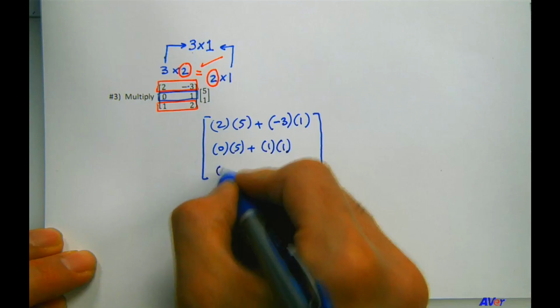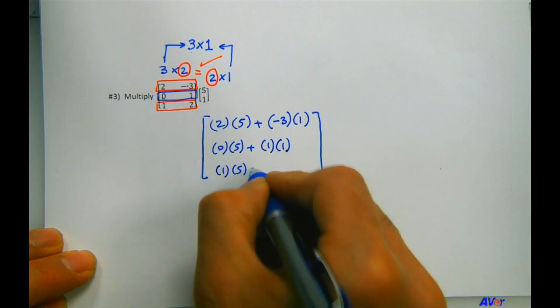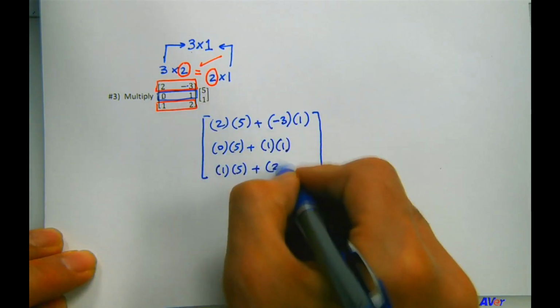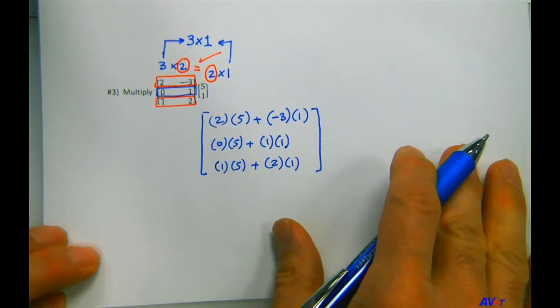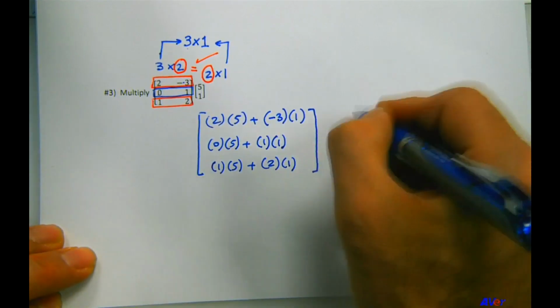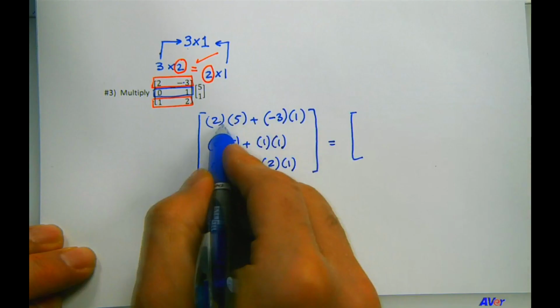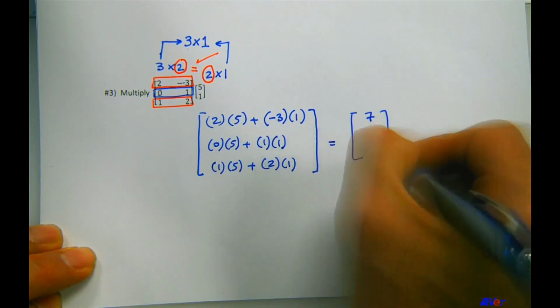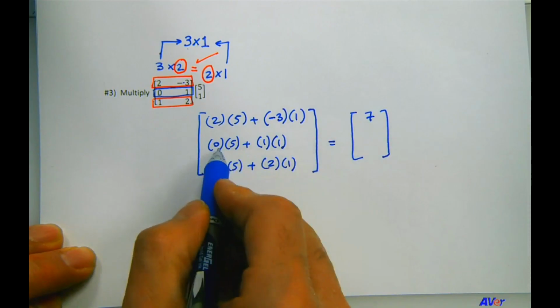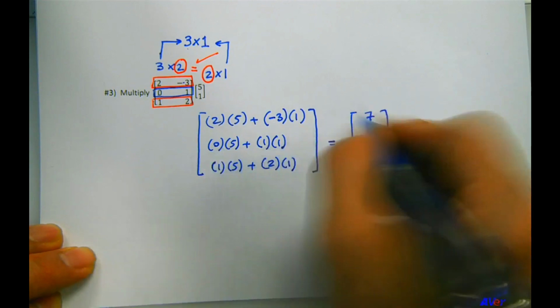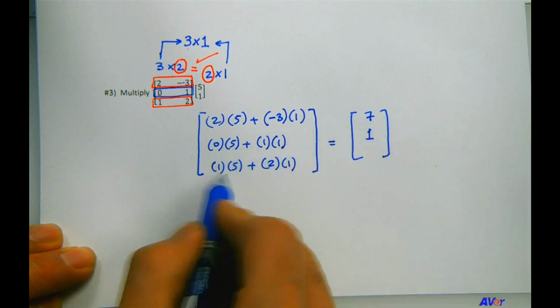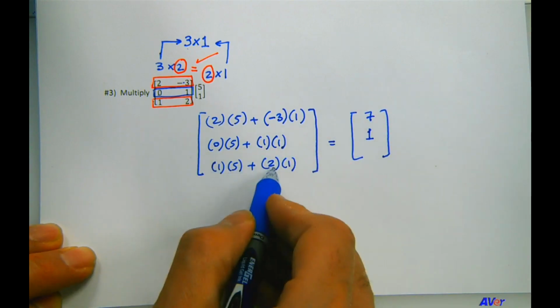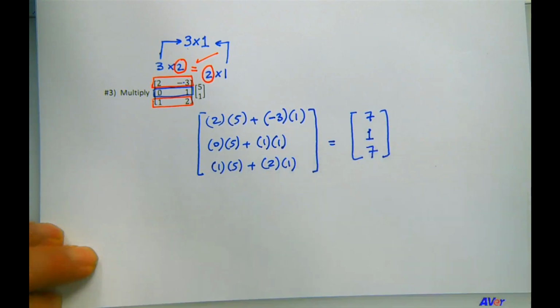1 times 5 plus 2 times 1. Okay, that is equal to, let's simplify, 10 minus 3, 7. 0 plus 1, 1. 5 plus 2, 7.